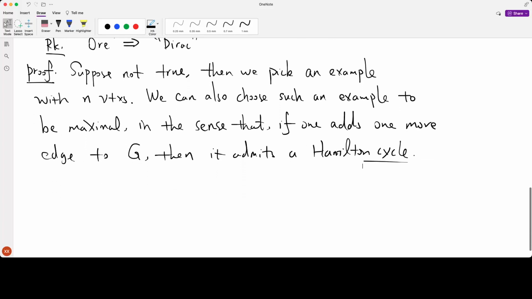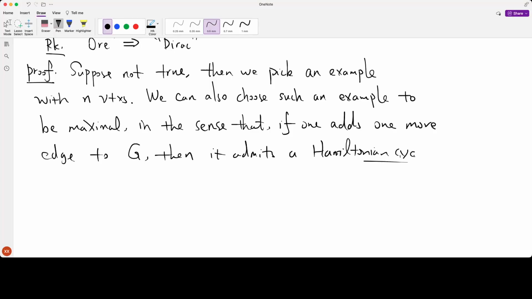But if you think about it carefully, it means that, for example, you add one more edge, you call it e, then the graph admits a Hamiltonian cycle. Let me write everything down.